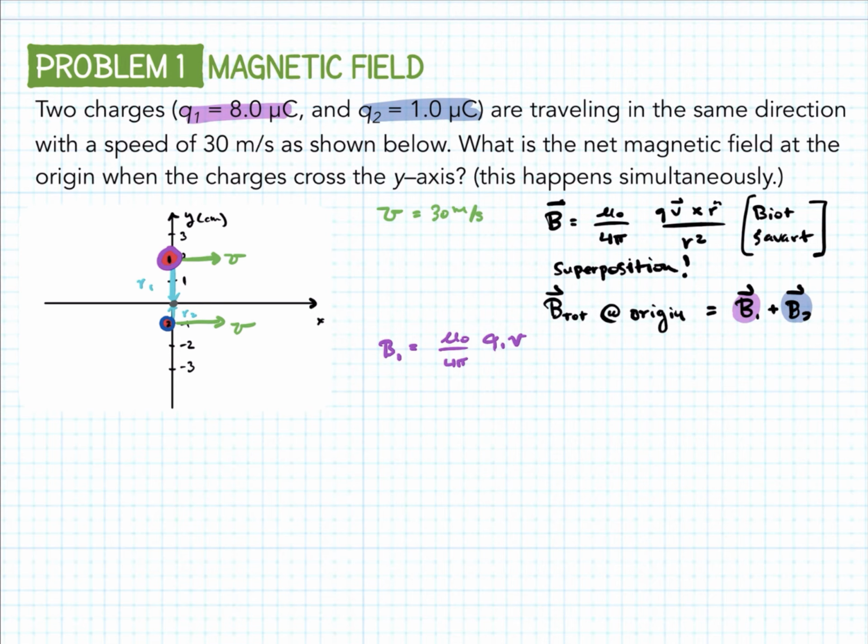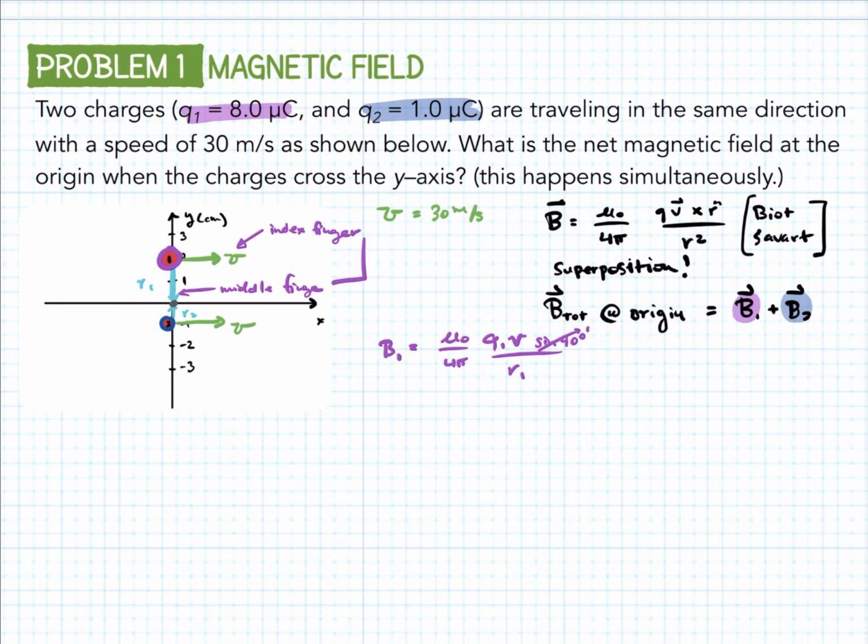Now the cross product, we have 90 degrees here. So this is going to be sine of 90, which is 1, over R1 squared. Now, if you want to use right-hand rule, you point your index finger in this direction, you point your middle finger in this direction. Make sure these fingers are at a 90-degree angle from each other.